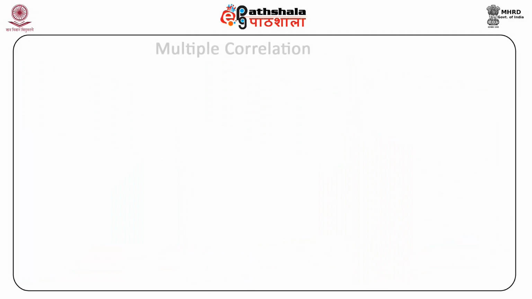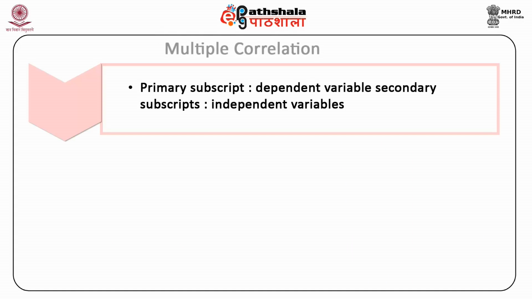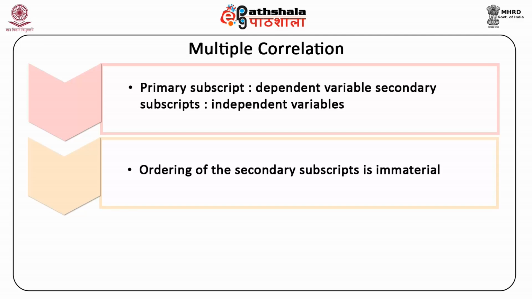In multiple correlation coefficient, the primary subscript refers to the dependent variable and the secondary subscript refers to the independent variables. Also, the ordering of the second subscript is immaterial.